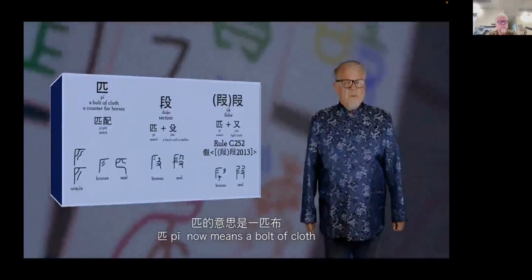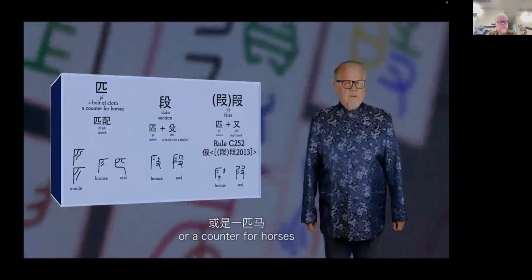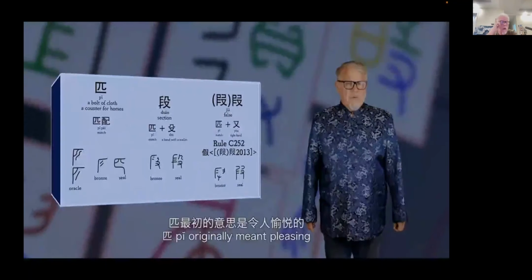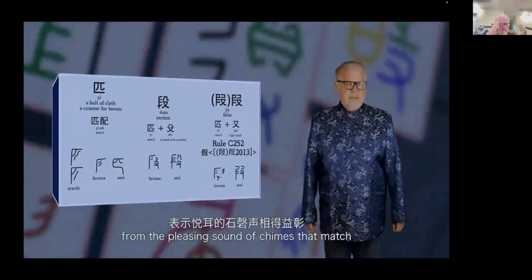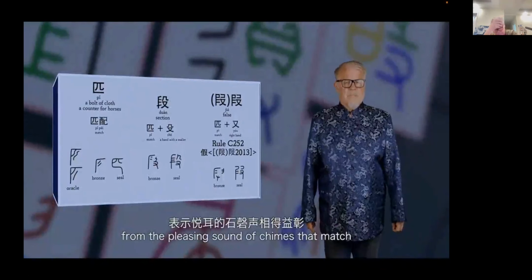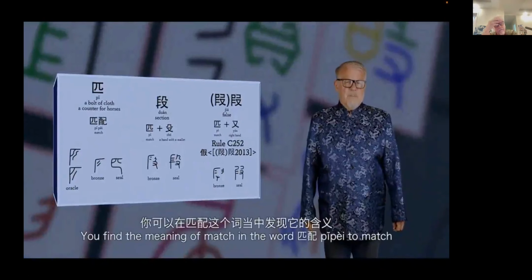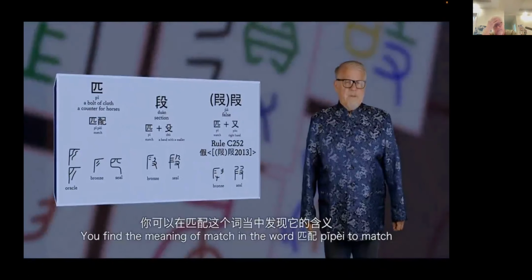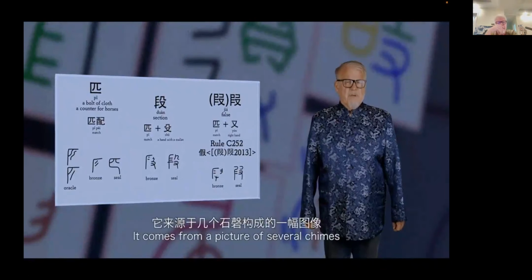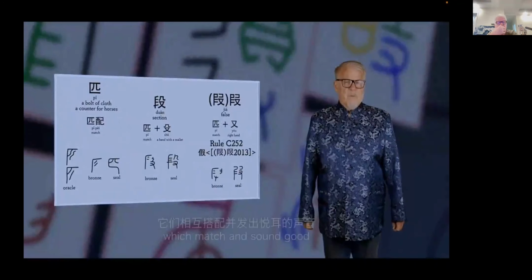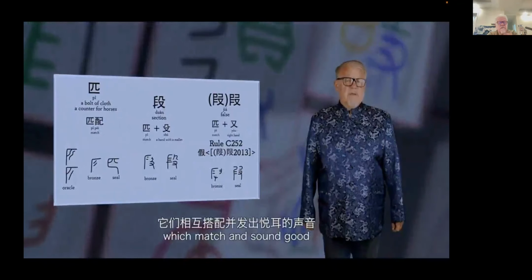Pi now means a bolt of cloth, or a counter for horses. Pi originally meant pleasing, from the pleasing sound of chimes that match. You find the original meaning of match in the word pi pei, to match. It comes from a picture of several chimes which match and make a good sound.